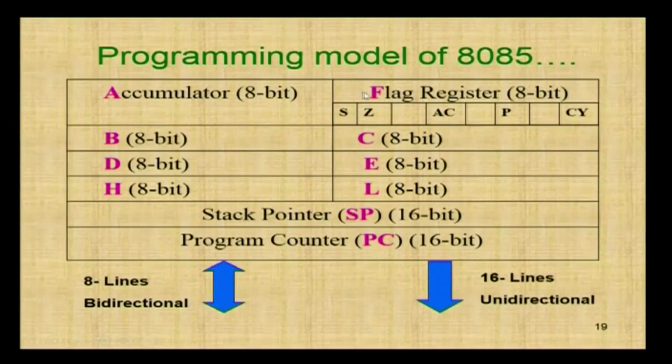Then there is the flag register. Once some arithmetic and logic operation takes place, you may get a negative result, zero, auxiliary carry, and parity, and these bits will be set. Again, the meaning of all this we will see in the coming slides.